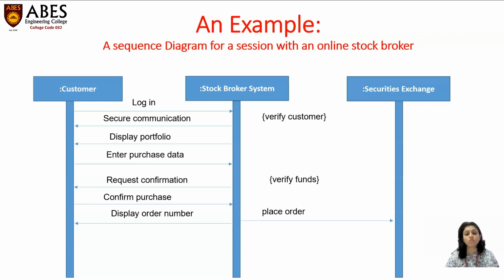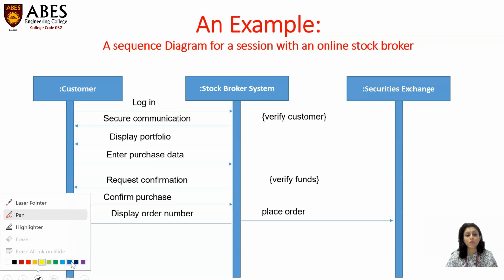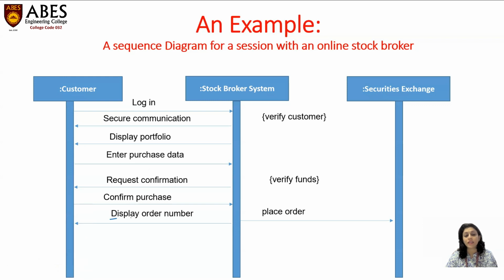Now these 2 messages, the display order number and the place order, will be running simultaneously. These 2 messages or these 2 signals are called concurrent signals because they are being passed at the same time. They are not shown a top and bottom in this sequence.